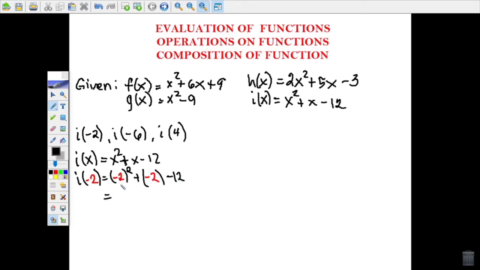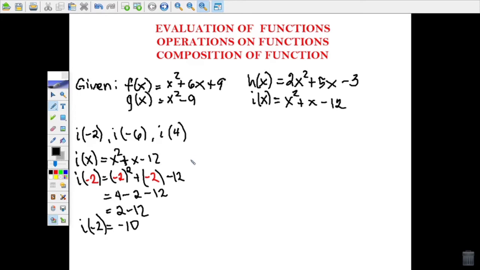Then simplify, negative 2 squared is 4. Plus negative 2, parang minus 2 na rin yan. Then copy minus 12. Then 4 minus 2 is 2, minus 12, and that is negative 10. So therefore, the value of I of negative 2 is negative 10.